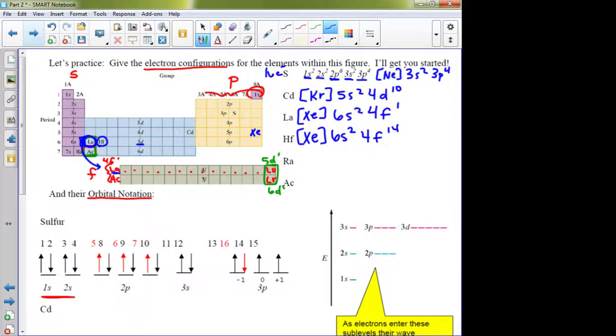Don't forget, after 6s, I've got to jump down here, and then be careful. What's my Hf going to be? 5d2. Remember, this last one down here starts my 5d1, and so Hf would pick up at 5d2.